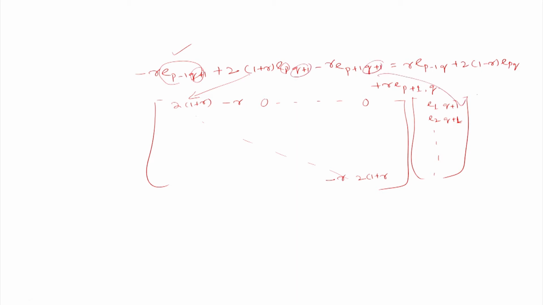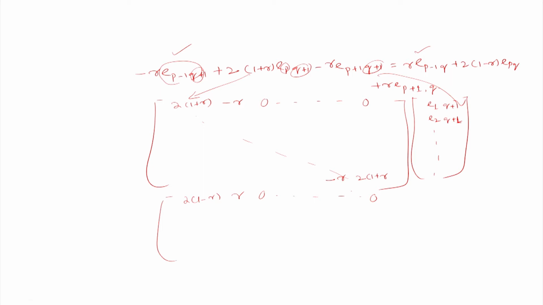And if you write the right hand side terms, you can find that at the first point, p equals 1, this will also take this boundary condition here. So that's why this coefficient will be 0. So the starting coefficient will come in the form of 2 into 1 minus r here. And the next coefficient you can see will come as r here, and the rest of these elements as 0 here.